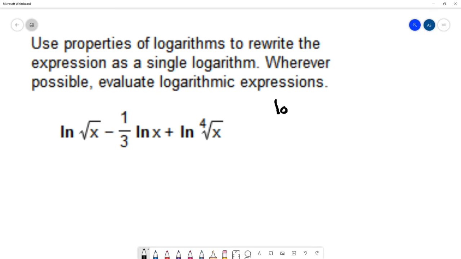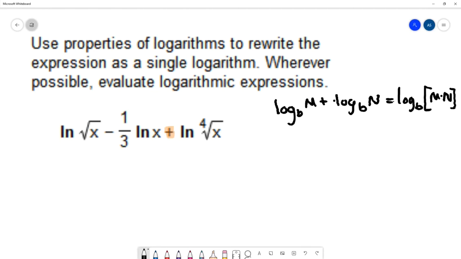For the product rule, we have log base b of m plus log base b of n. So notice the plus here. This is where we're going to use the product rule. And inside the log, we write log base b of the product, m times n.